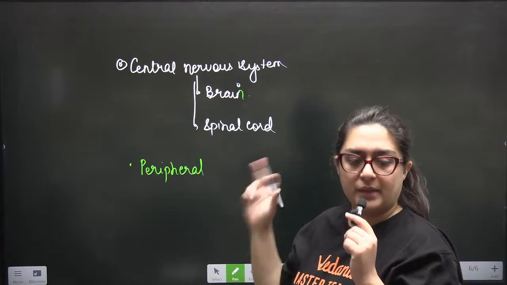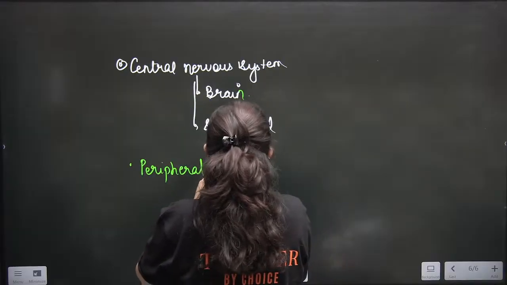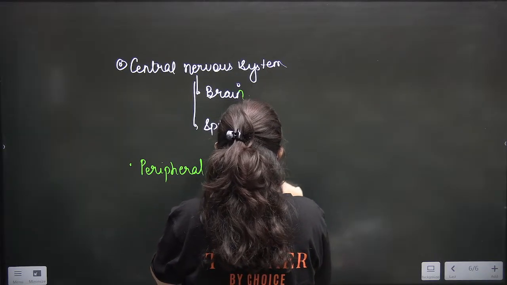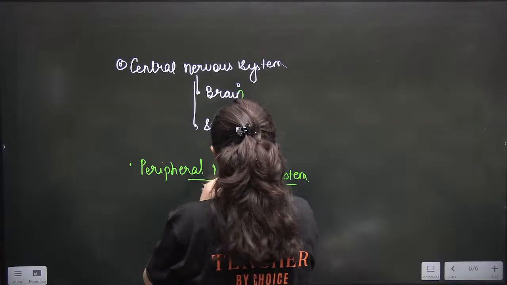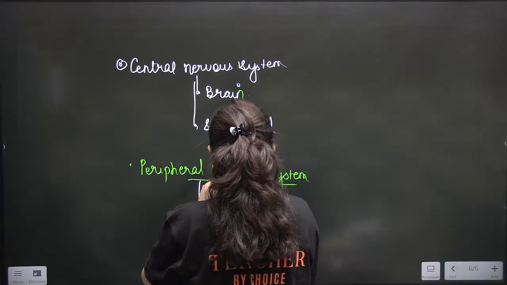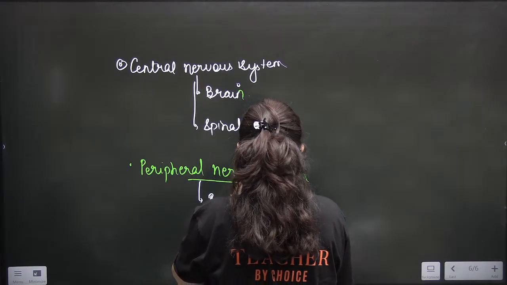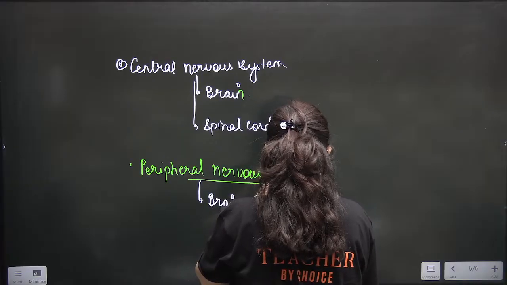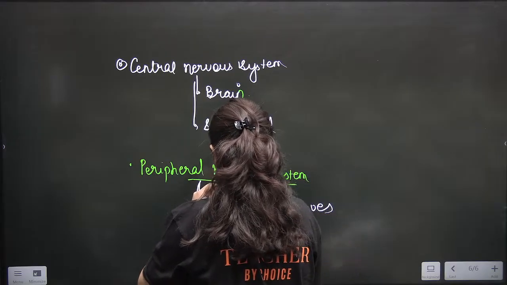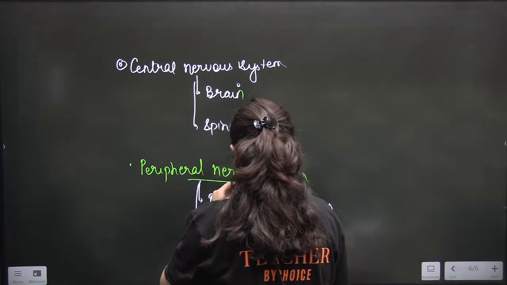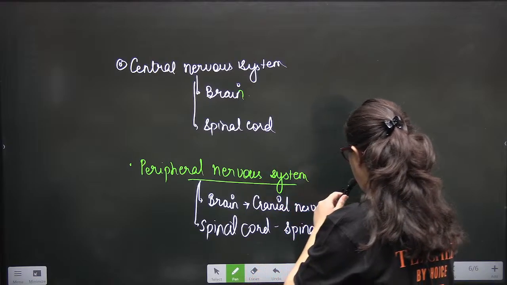The nerves arising from the brain and spinal cord constitute the peripheral nervous system: brain, cranial nerves, spinal cord, spinal nerves.